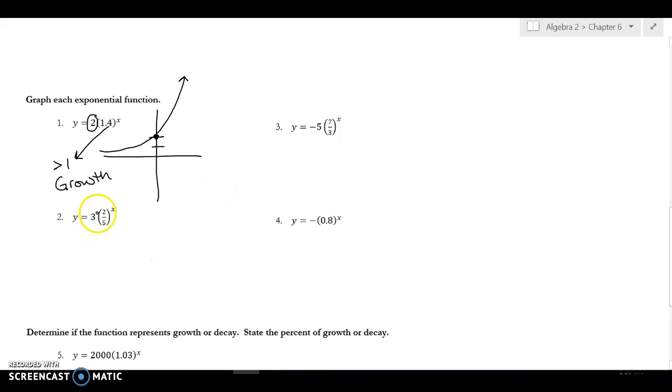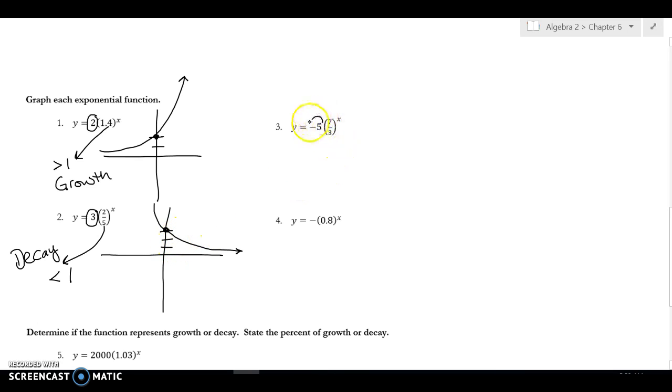For number 2, again, this tells me to cross at 3. This number is less than 1, so that means it's decay. I'm going to go down towards the axis. If you notice, I'm not crossing the x-axis, so be careful on that.